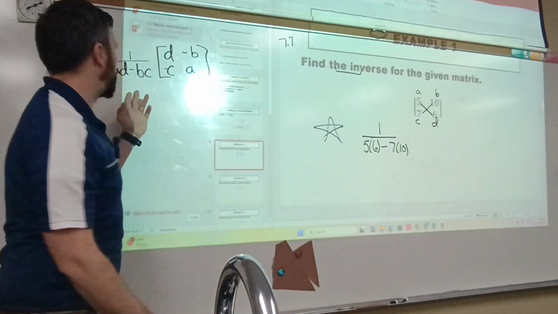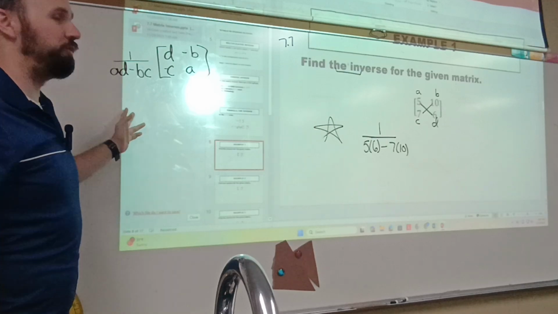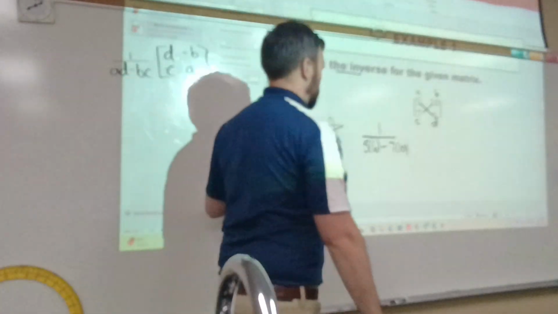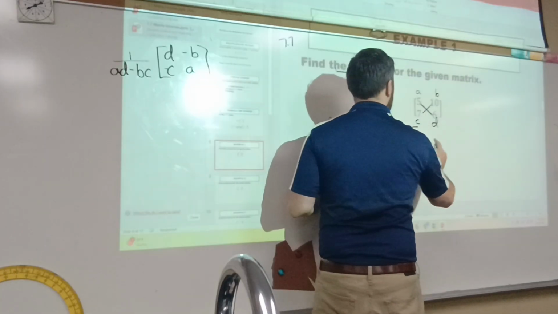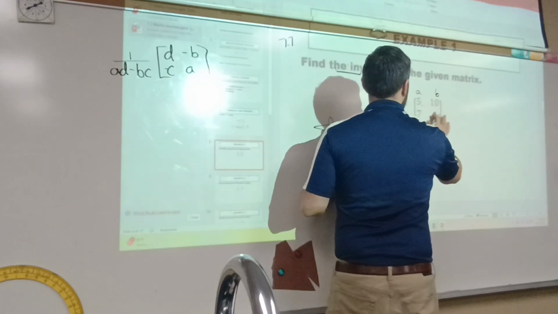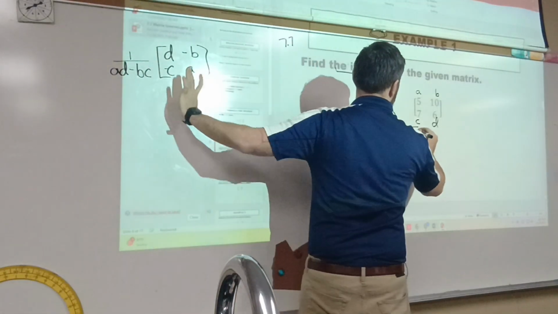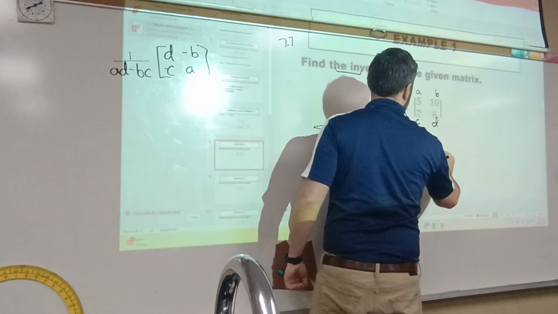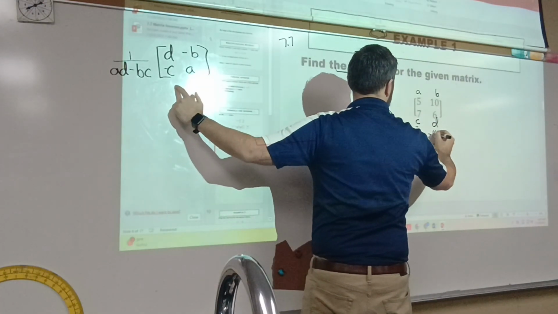Would I expect you to ever memorize this at this current point of your career? Absolutely not. Now if you go into linear algebra, you're going to use it all the time. Times, switch your A and your D. So that's going to be a 6 and a 5. And then these both become negative. Negative 10, negative 7.